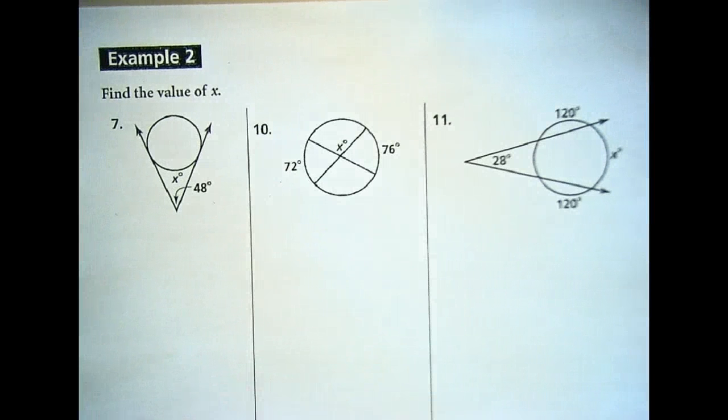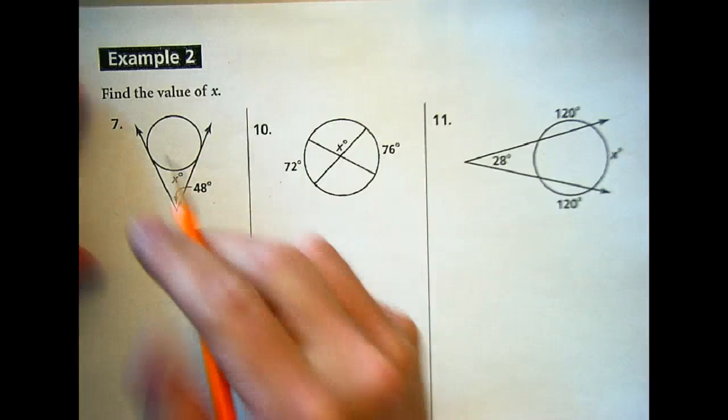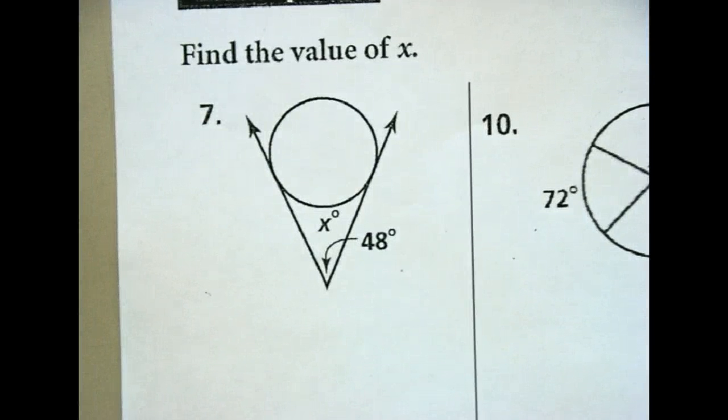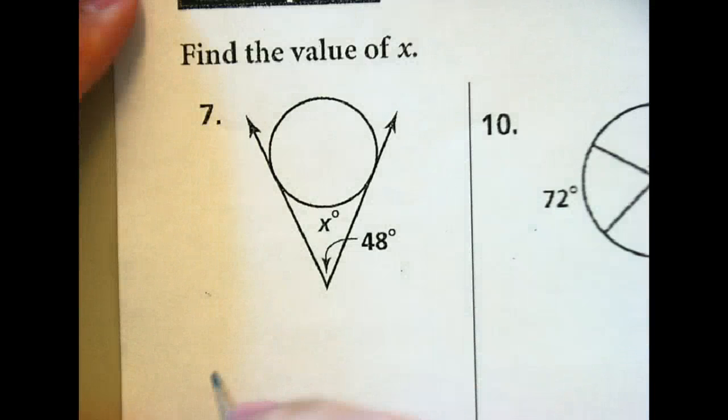Let's try these 3 problems: 7, 10, and 11. Okay, here we go. So let's start out with 7. These are a little more complex. Let's walk through them. But on number 7, what formula are we using? Using subtraction.